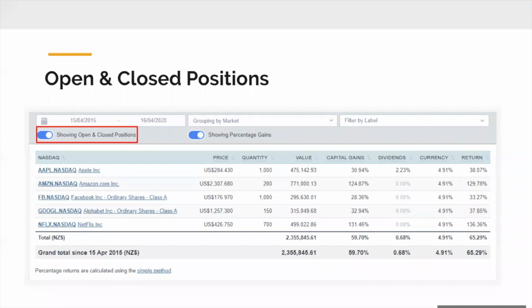So by setting this filter to open positions, we're basically just reporting on the performance of the shares that you currently own, as at the report end date. So, for example, if I own some Apple shares, I purchased a large quantity of them, then I sold them, and then maybe I purchased some more.